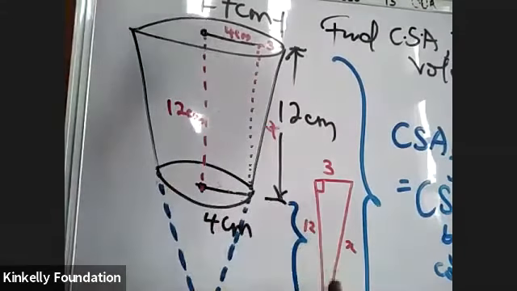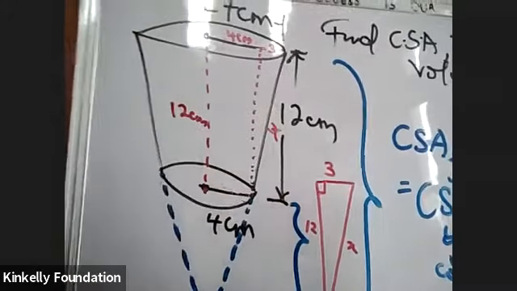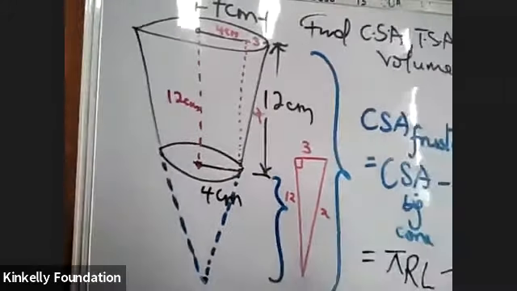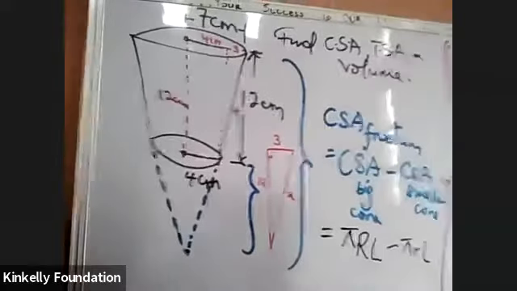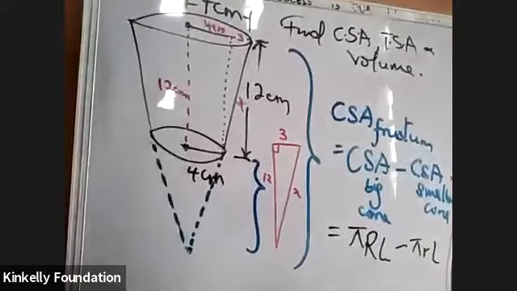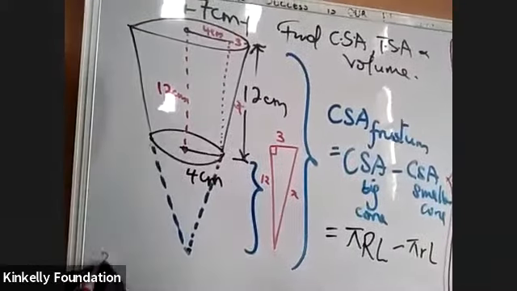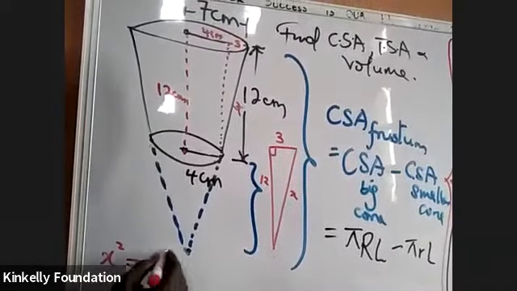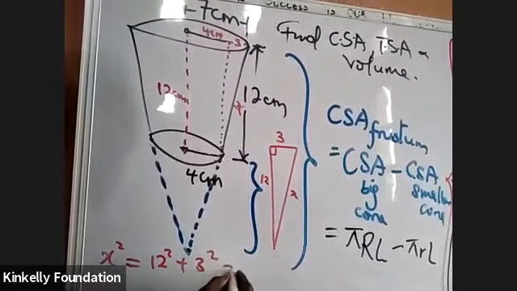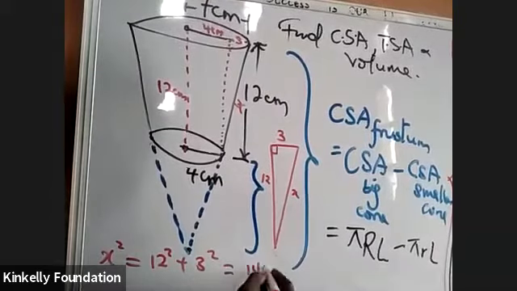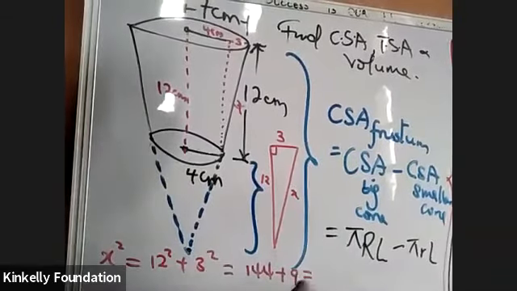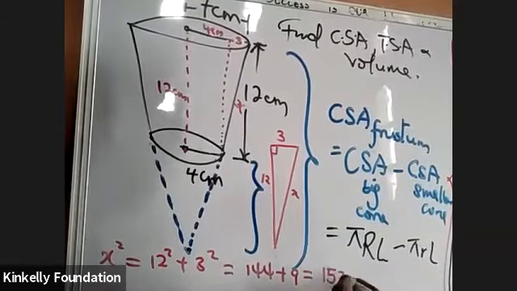Now, we are going to use Pythagoras to find the value of x. Using Pythagoras, we have that x squared is equal to 12 squared plus 3 squared, to give us 144 plus 9, which is 153.